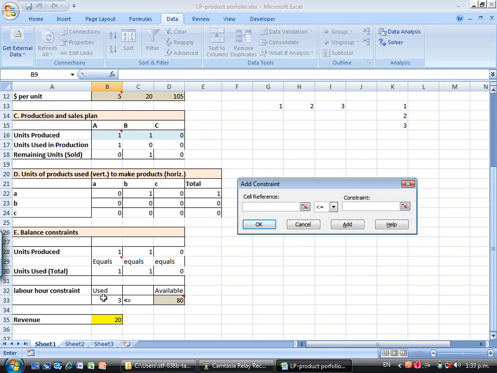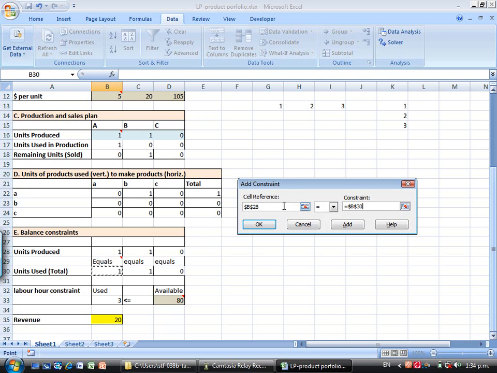Now the hours used each day must be less than or equal to the actual number of hours available. The units produced should be equal to the number of units used.